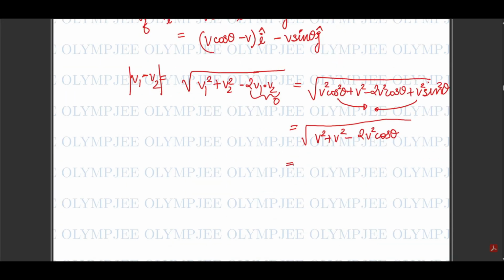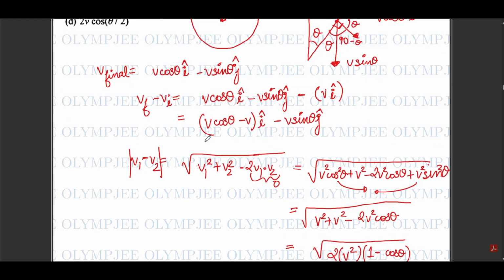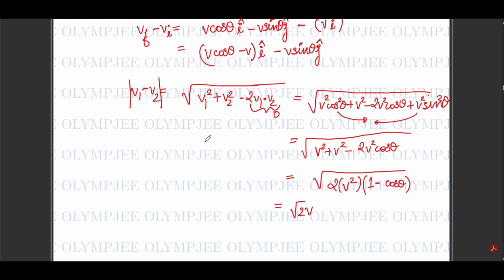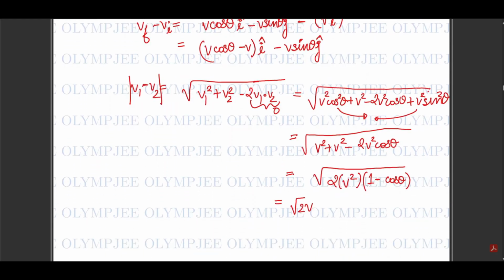So this will become 2 v square into 1 minus cos theta. We can pull this outside, so this will become root 2 v, and for 1 minus cos theta, we know the formula that cos 2 theta is equal to 1 minus 2 sin square theta.